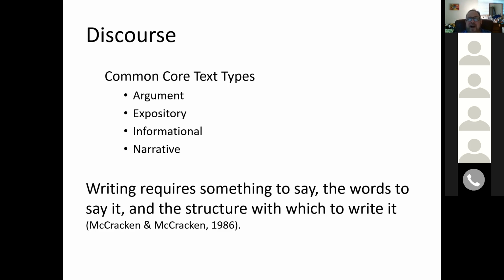So those are the kinds of things that we need to teach to our students in most of the areas that we are doing discourse. If you're going to do a science lab report, that would be informational, right? But you have to talk about what actually happened with the experiment.